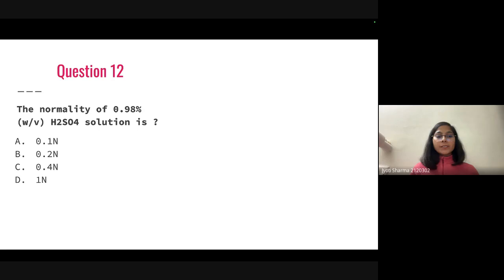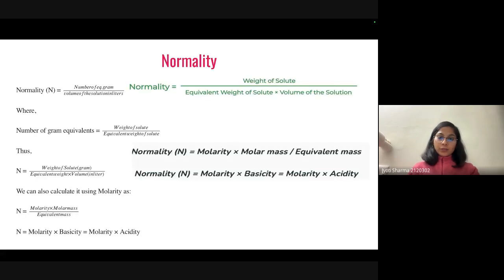So the volume is 100 ml, and this is giving you 0.98 gram. So can you calculate the normality of this?